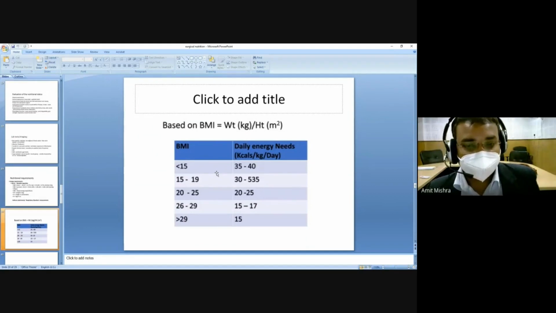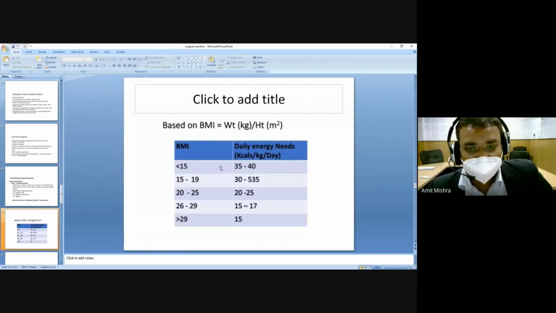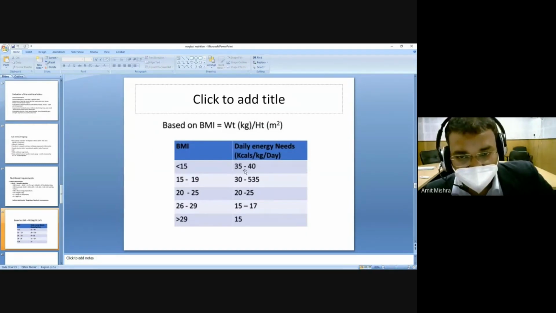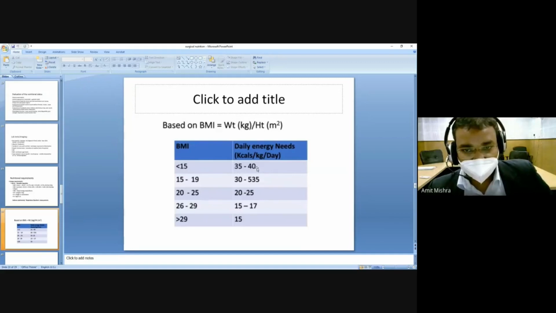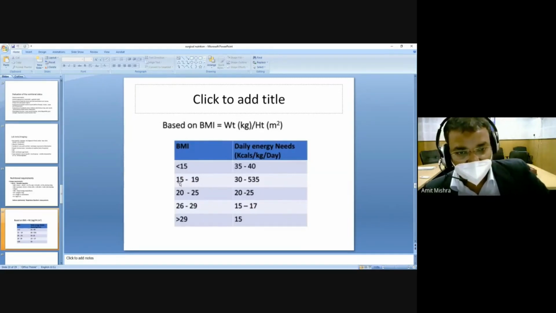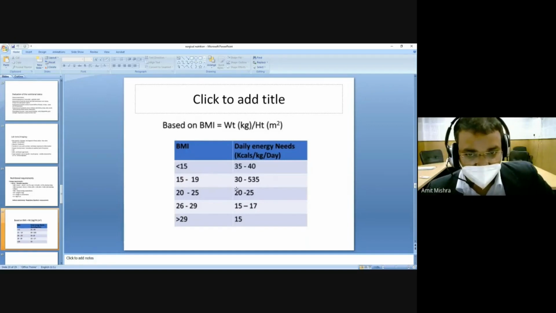If BMI is less than 15, we should maintain the daily energy intake of the patient at 35 to 40 kilocalorie per kg per day. Likewise, if the BMI is 15 to 19, it has to be between 30 to 35.